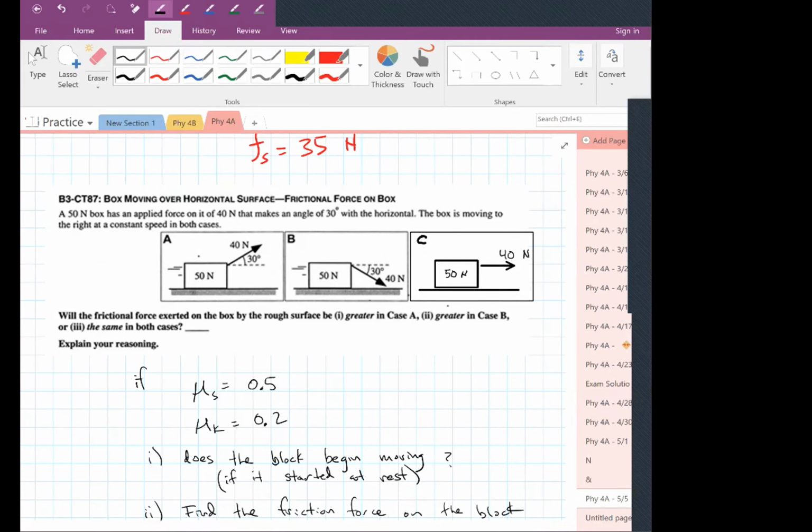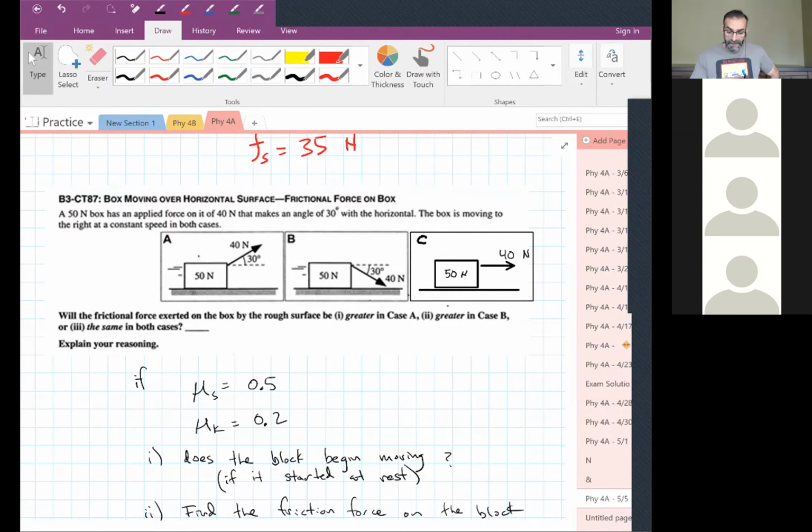So go ahead, set up C. Think about what you think is going to happen there. We're just doing C right now. Draw a free body diagram.